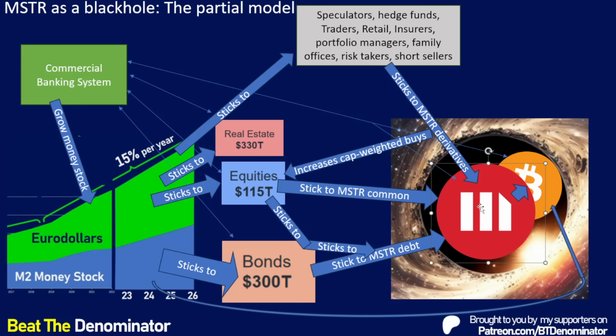And another thing that it does is that you can dilute. You can take advantage of these volatility spikes in your stock price to dilute. And how do you dilute? You issue more common stock, and you make more common stock available. And so in that case, you increase the price of MicroStrategy by getting more cash in and buying more Bitcoin, enacting the virtuous cycle again, because the price of MicroStrategy is based on how many Bitcoin they have.